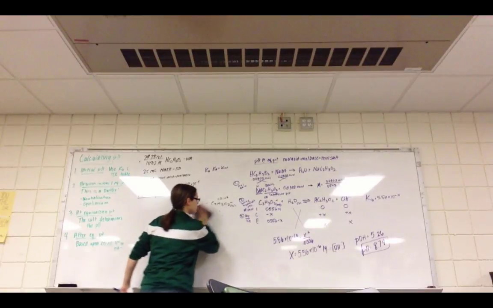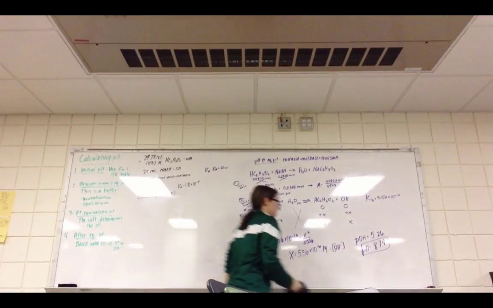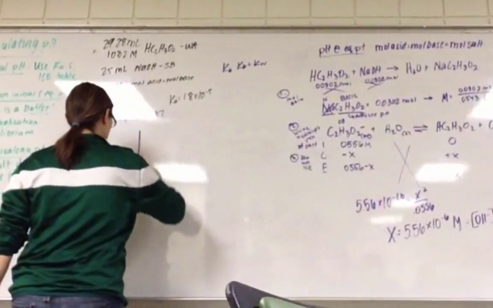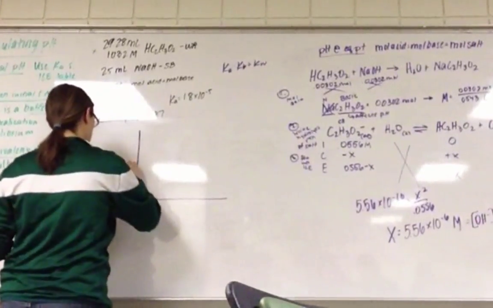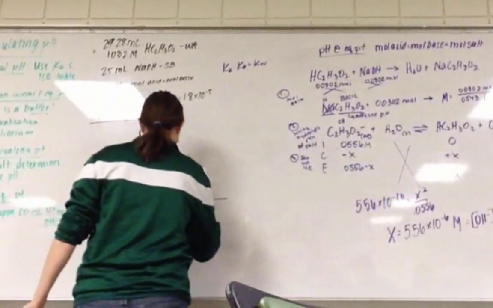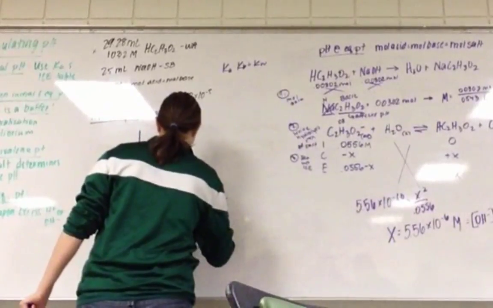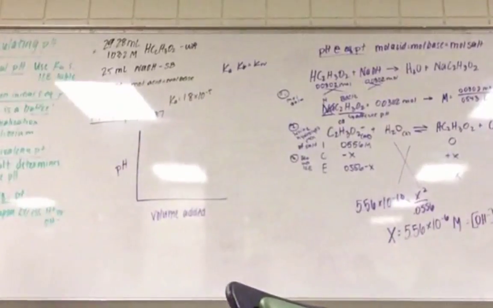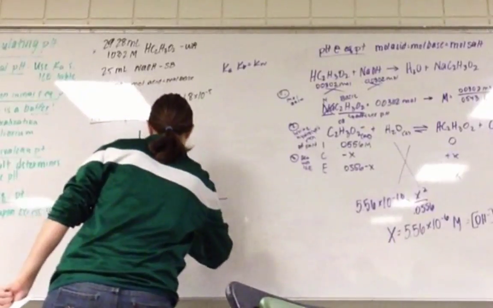This doesn't require any math, thank goodness. But we need the titration curve. pH is always on the y-axis, volume added is on the x-axis. To be even more specific, what were we adding in this titration? NaOH.